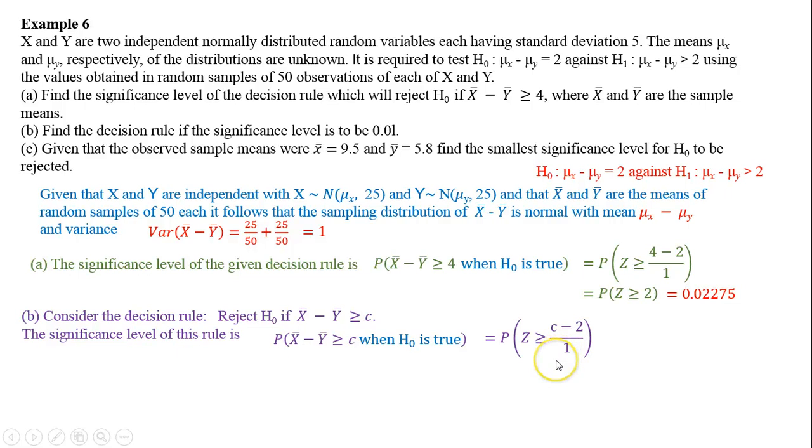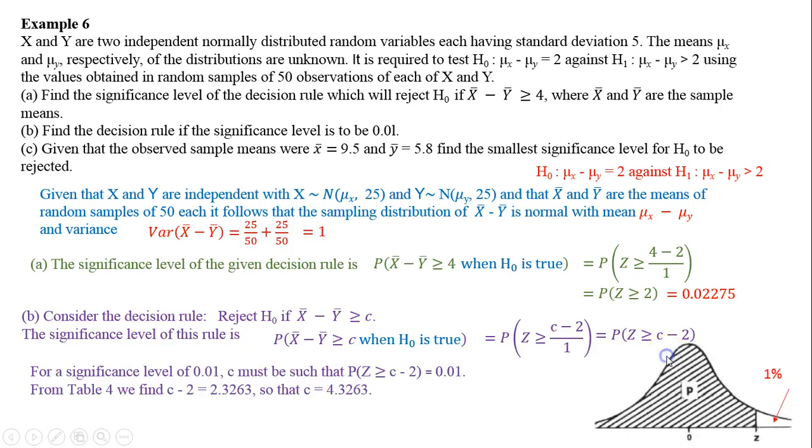So changing to z, so c minus 2 over 1. I need the 1%. The significance level is 0.01, so 1% would be in the tail end. So what is the critical value? What is the decision rule?